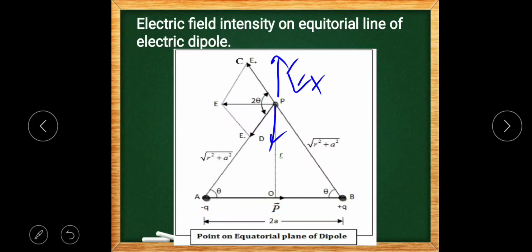Both act along the same line but in opposite directions, so they cancel each other. So we are left with the components E plus cos theta and E minus cos theta.